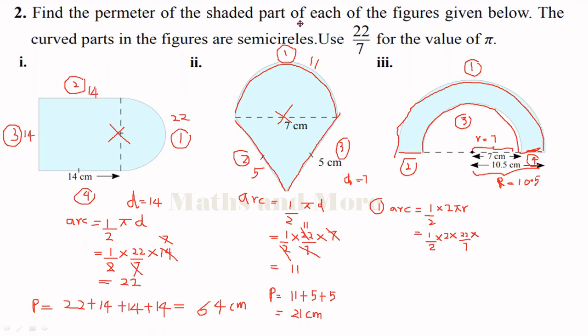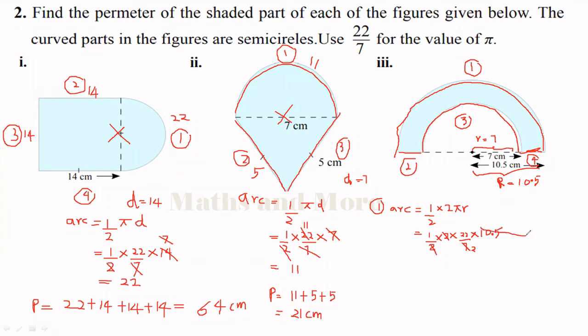Can you remember? We can cut 10.5 with 3.5s. Now let's simplify. Cut this 2 with this 2. For 7, there are two 3.5s.